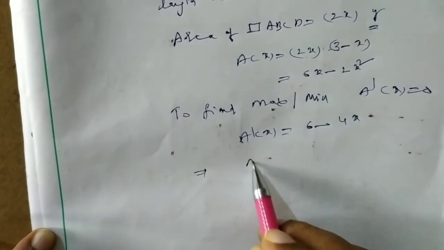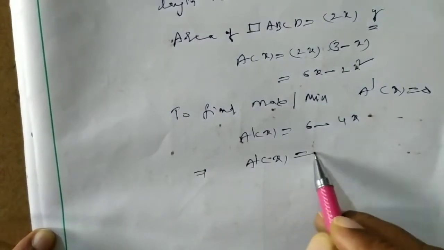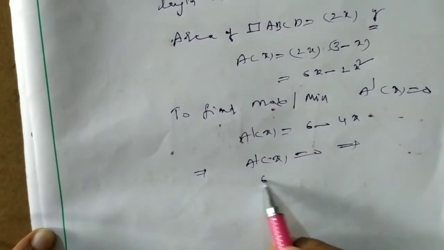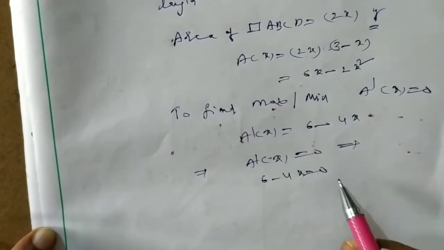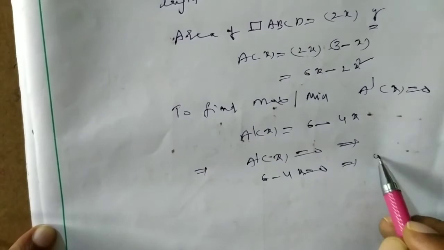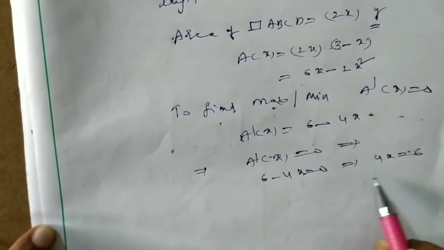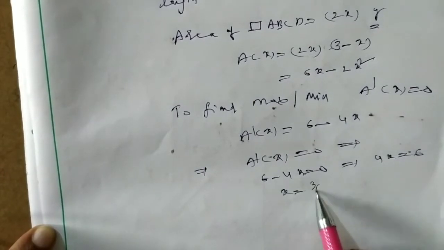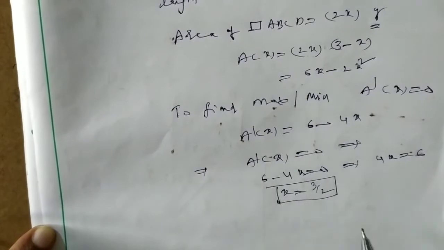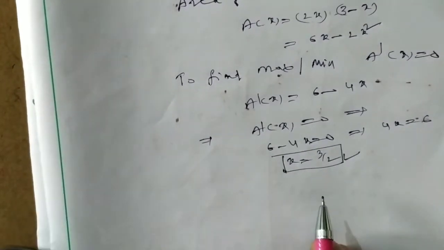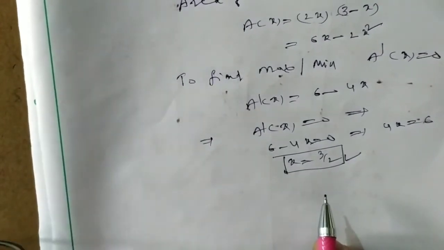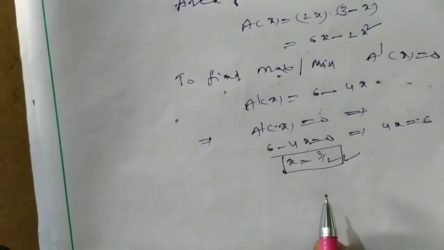So A dash of x is equal to 0 implies 6 minus 4x is equal to 0, which means 4x is equal to 6, x is equal to 3 by 2. It is the stationary point, at which the function has either a maximum or a minimum.